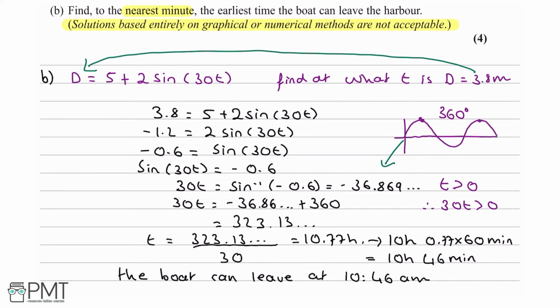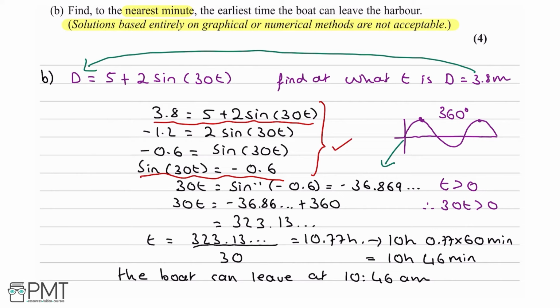As for the marks for this question, you get your first mark for getting that 3.8 plus 5 plus sine 2 equals 5 plus sine 2 theta, so this line, and then getting all the way down to this line over here. So this entire section will get you your first mark, like that.